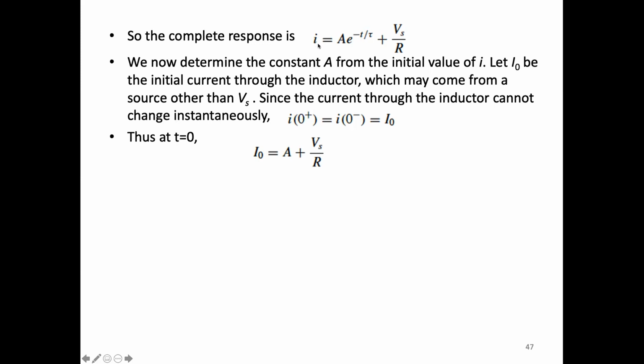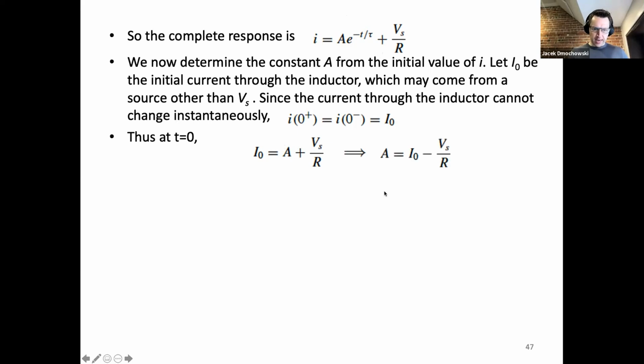Well, we plugged in I naught just as a variable for the initial current, and we substituted in 0 for t. And that just leaves us with A plus Vs over R. All right, and so in other words, A is equal to I naught minus Vs over R. Very straightforward.